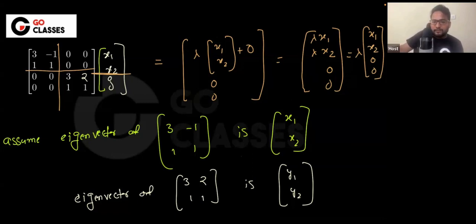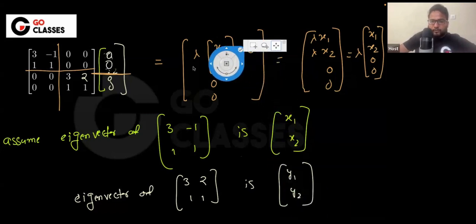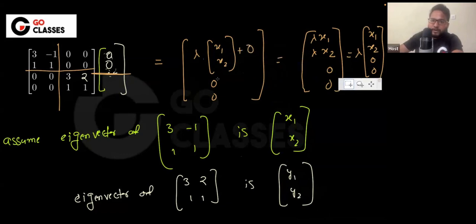Similarly, interestingly, if you multiply by 0, 0, by 1 by 2, suppose, the eigenvector of this. So assume you multiply by 0, 0, and here you have by 1 by 2. Then you can easily verify that it will be something like this.